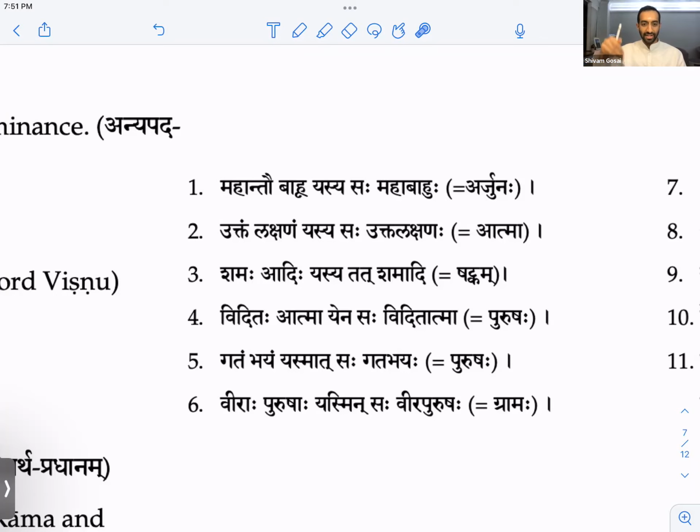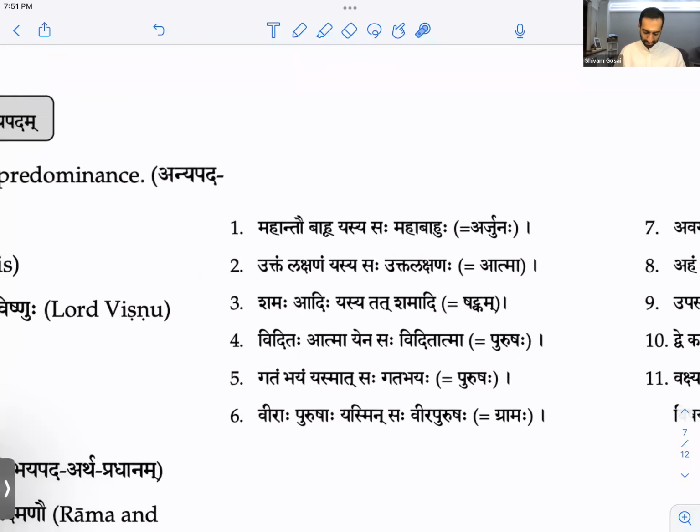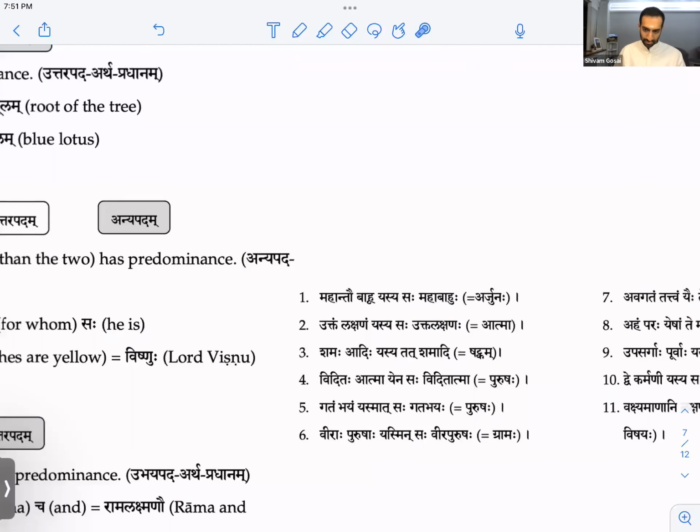So the place in whom there are brave people. That refers not to a person, it doesn't refer to bravery, it refers to the village, grama, the town. The one in which Vira Purusha are.